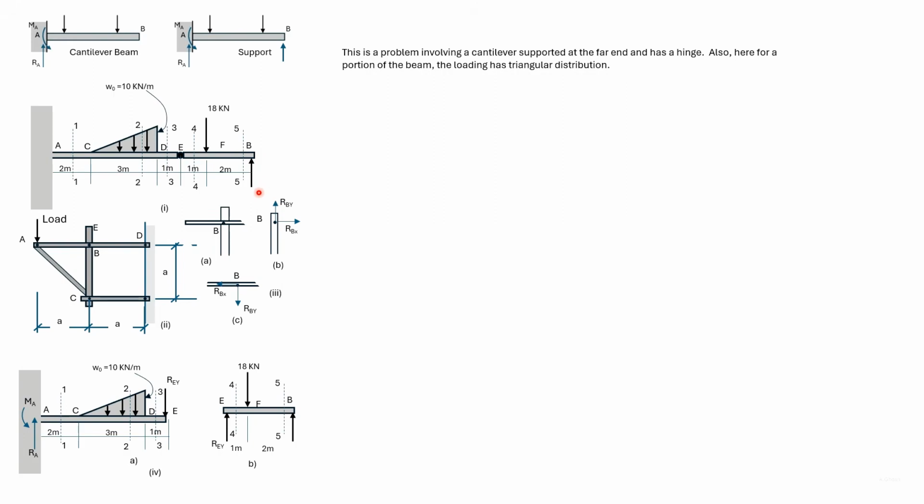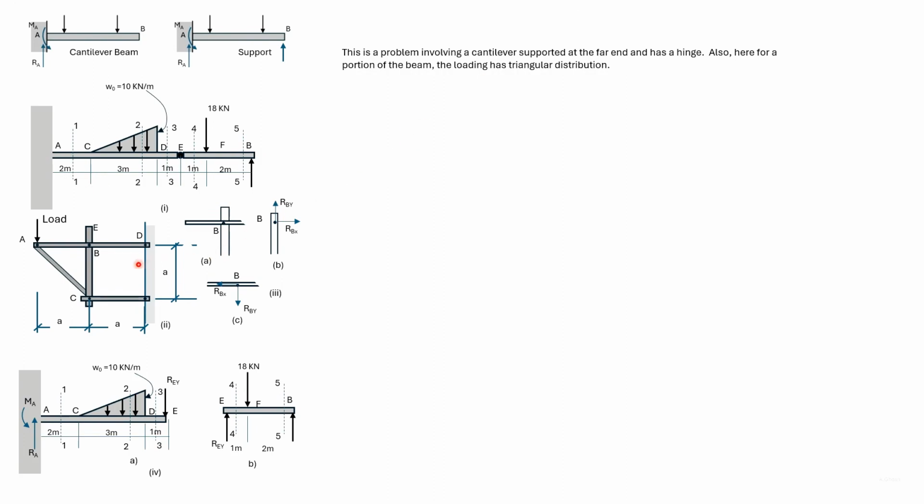There's a support at B in this case. However, there's also a hinge at E. This problem is statically determinate. We now concentrate on the hinge at E, and for that we recall our discussion on plane frames.